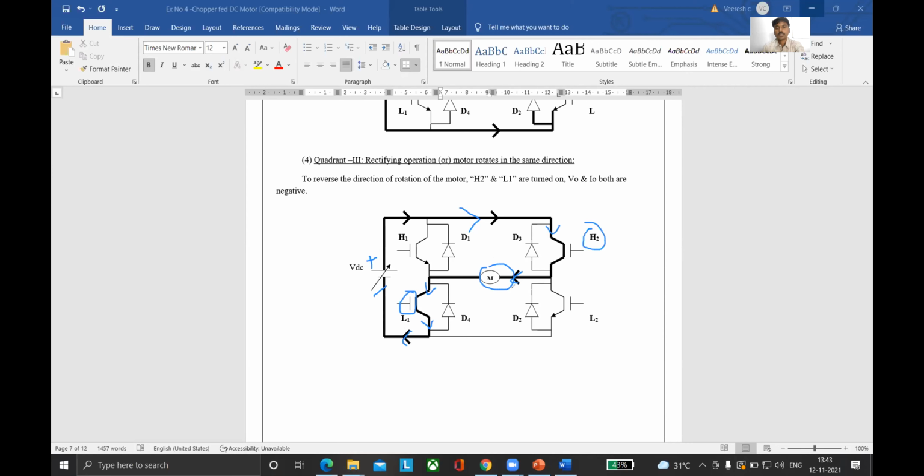Here reverse current is flowing, which means the output current is negative and the output voltage is also negative. But the power is still positive, so the motor still works as a motoring, a reverse motoring, with the speed in reverse. It converts electrical energy into mechanical energy. That's why it operates in the third quadrant.